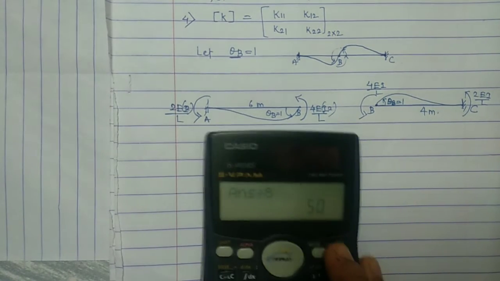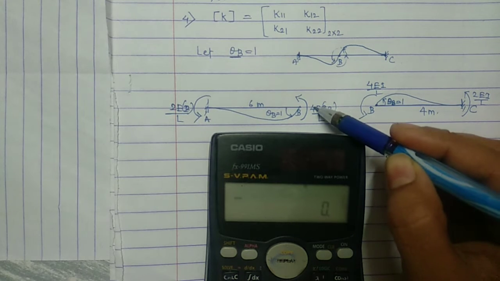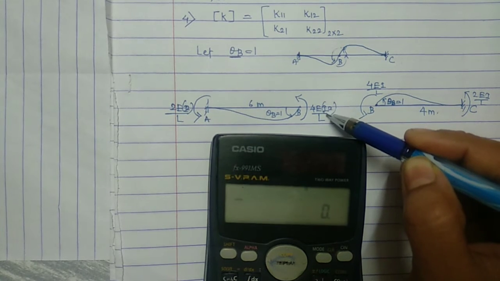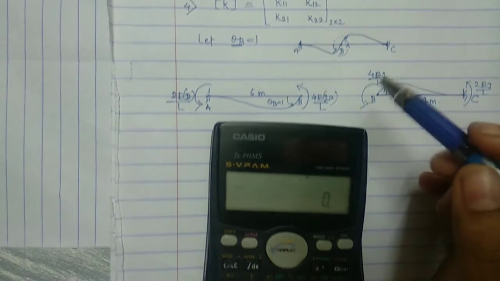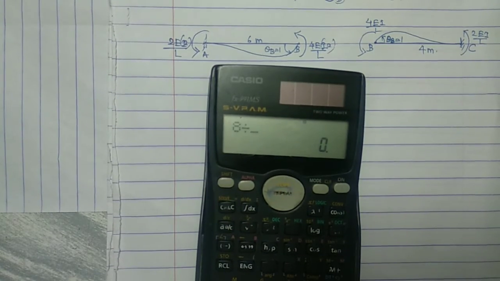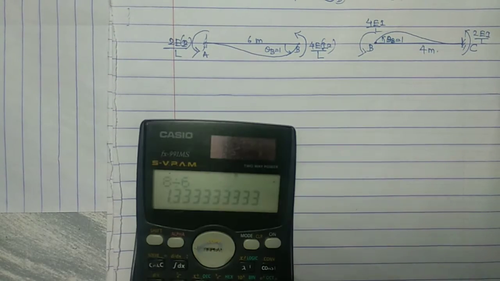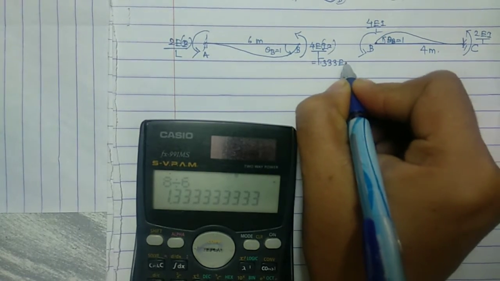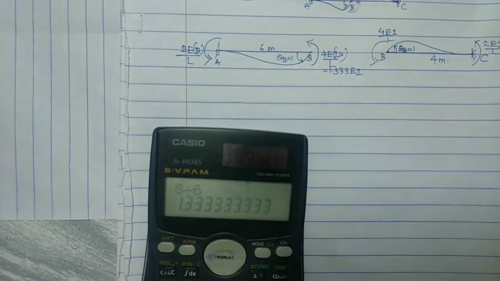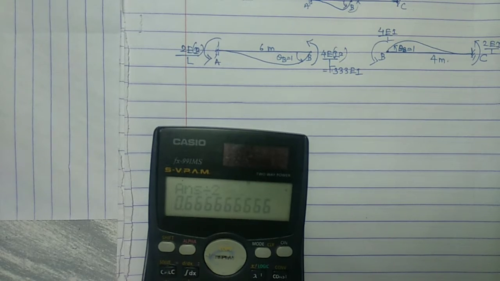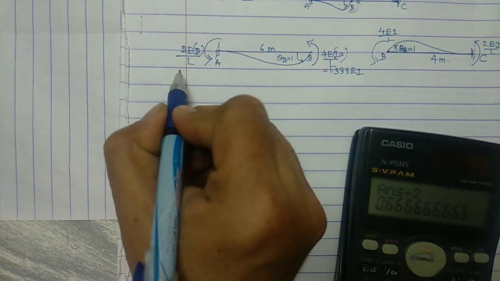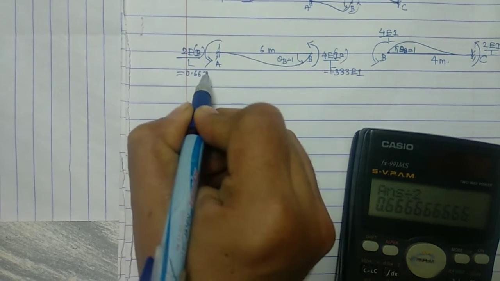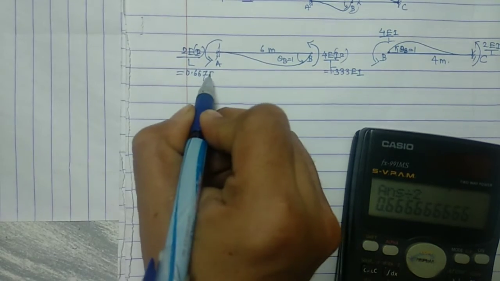If you calculate this stiffness, that is 4 into 2, 8EI upon L. Length of member is 6 meter, so 8 divided by 6, 1.333 EI. And half of this will occur at the other point, that is 0.667 EI.